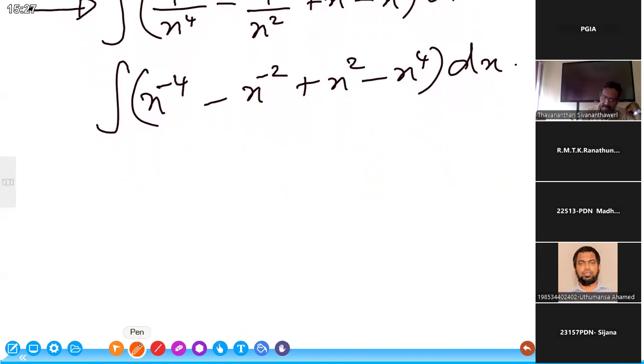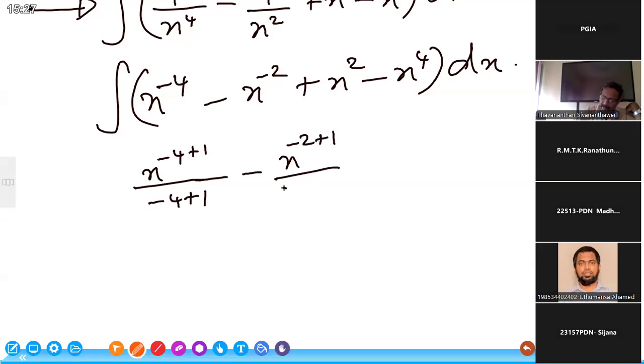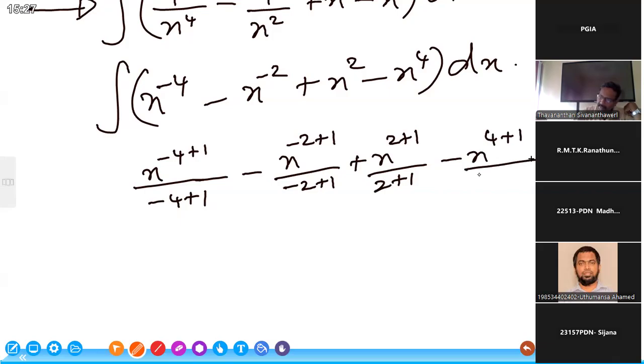Now you can integrate. So x to the power minus 4 plus 1 by minus 4 plus 1, minus x to the power minus 2 plus 1 by minus 2 plus 1, plus x to the power 2 plus 1 divided by 2 plus 1, minus x to the power 4 plus 1 divided by 4 plus 1.